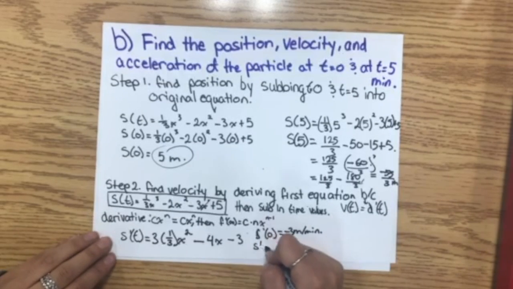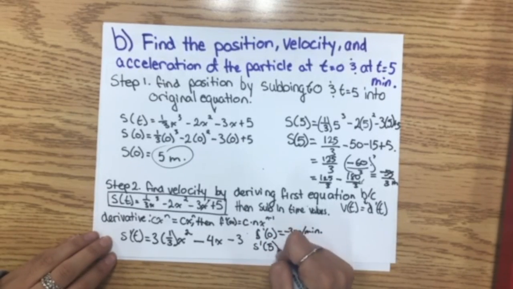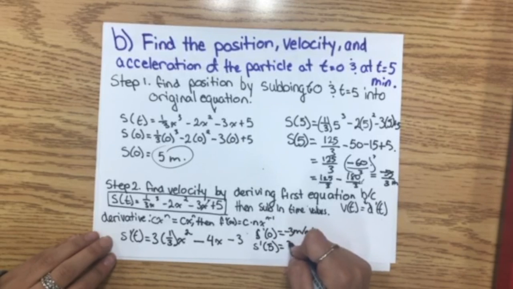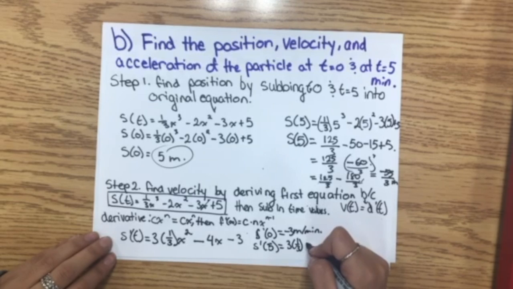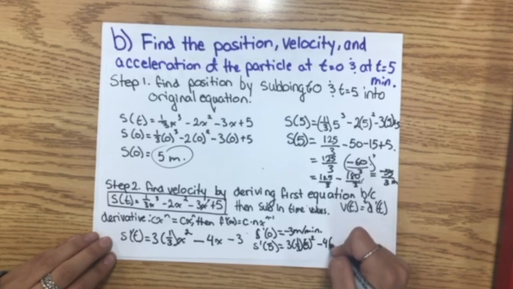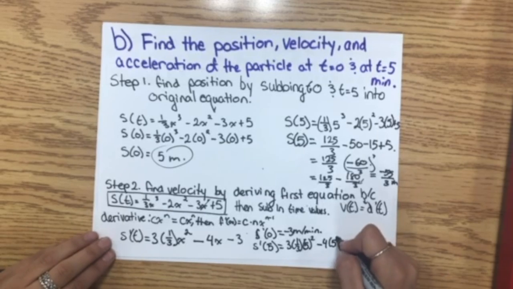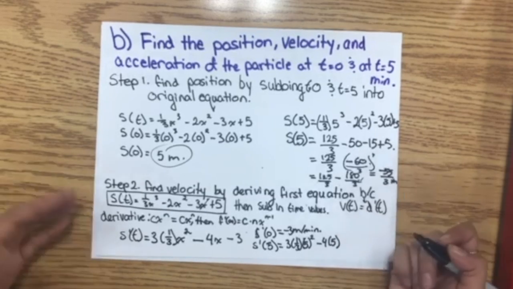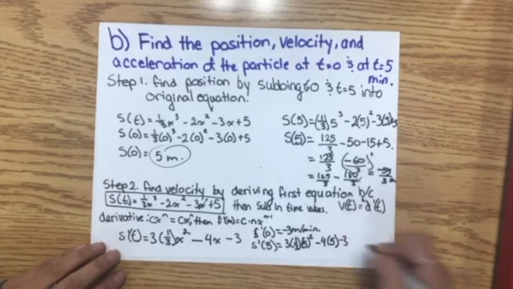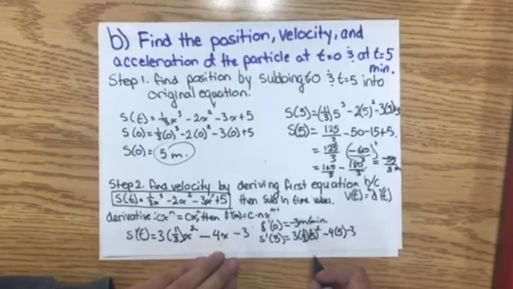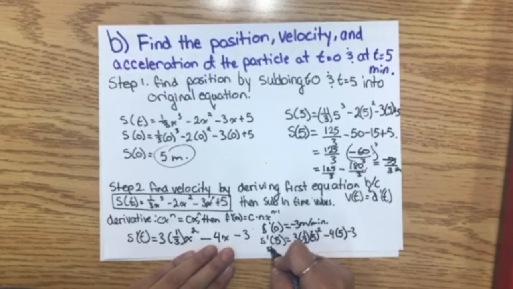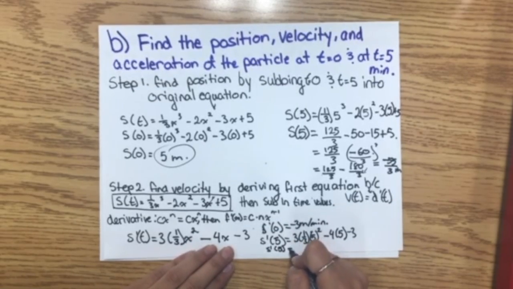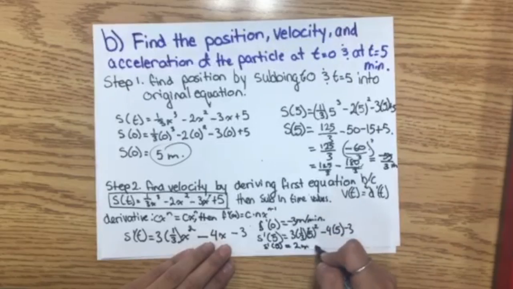So s prime at 5 is equal to 1/3 times 3 times 5 to the power of 2, minus 4 times 5 to the power of 1, which is just 5, minus 3. And we know that this all equals s prime at 5, which is equal to 2 meters per minute.